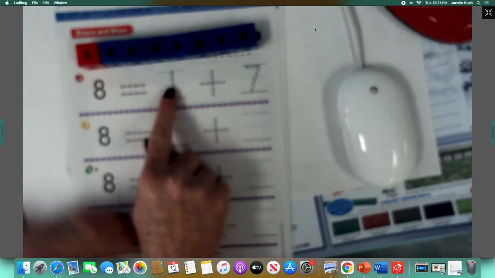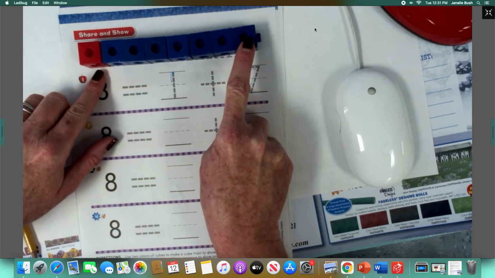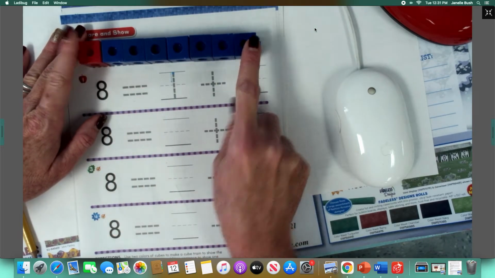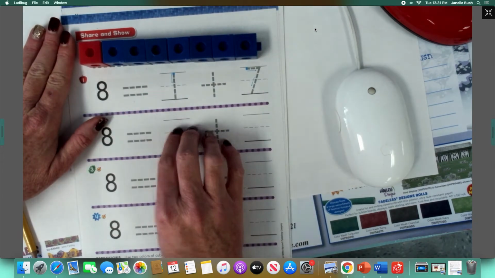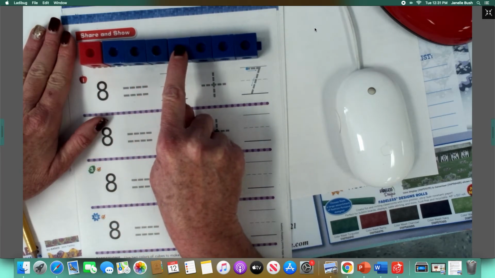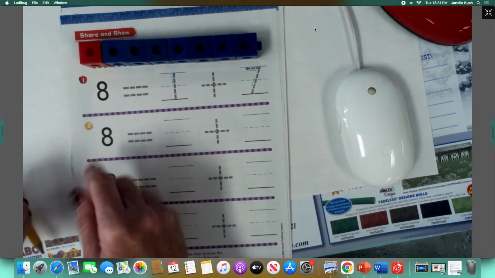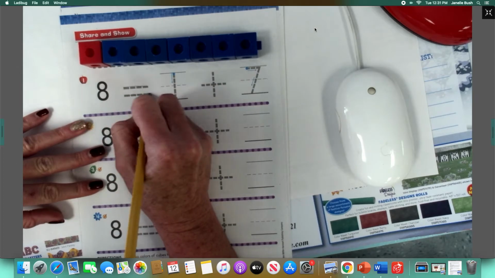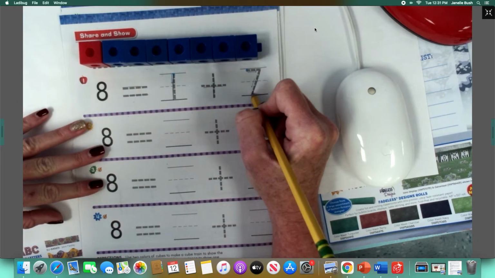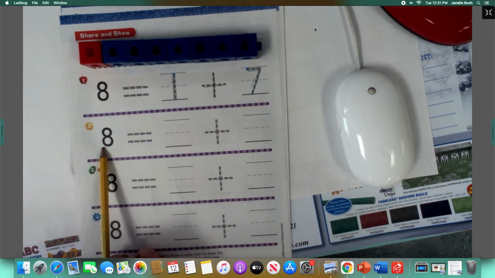Okay, so we have 1 red cube and 7 blue cubes. So if we have 1 red cube and 7 blue cubes, let's count and see how many we have all together. Ready? 1, 2, 3, 4, 5, 6, 7, 8. So 8, now you're going to get your pencil, equals 1 plus 7. Good job. All right, let's go down to number 2.